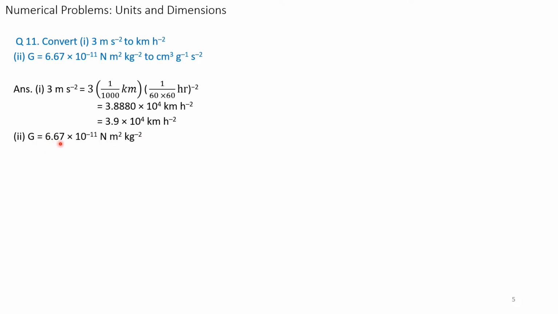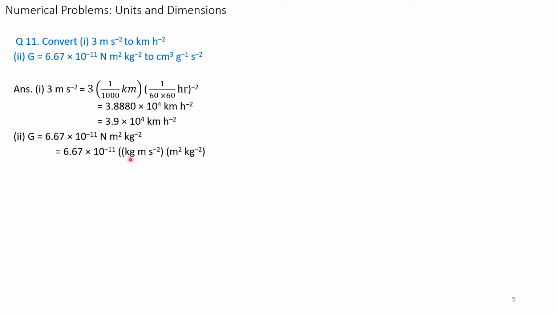Given G is equal to 6.67 into 10 to the power of minus 11 newtons meter square per kg square. So we have to convert newtons into kg meters per second square.